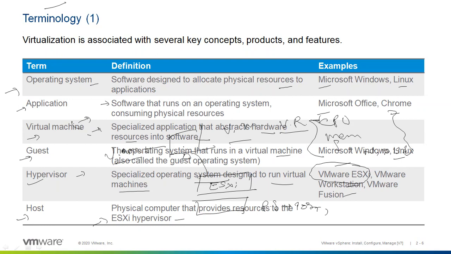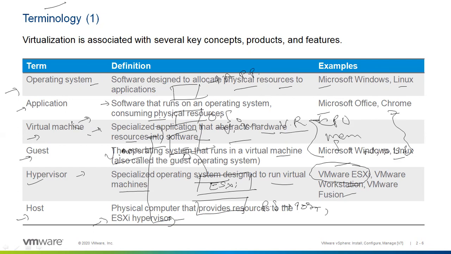Then on top of the virtual machine, the next term comes. You are going to install an operating system, and on top of this operating system, you are going to install your desired application. So who is you? As a vSphere admin, it is your task to create ESXi, manage ESXi, and create the virtual machine for the end user, for the customer.